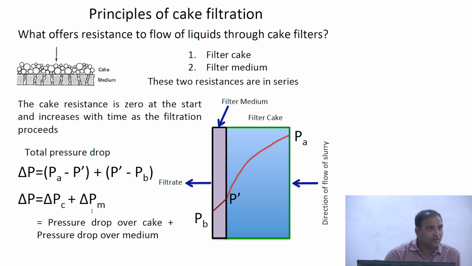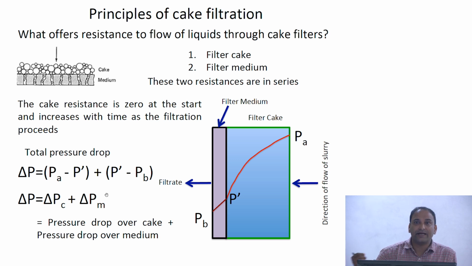The pressure drop across the medium is 0 to begin with, and it may remain constant throughout the process if the medium is mechanically robust and there is no blinding. If the medium is not modified in any way during filtration, delta Pm is going to remain constant throughout.